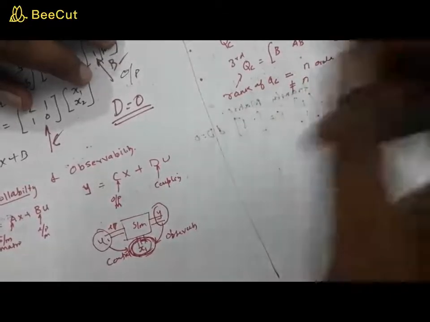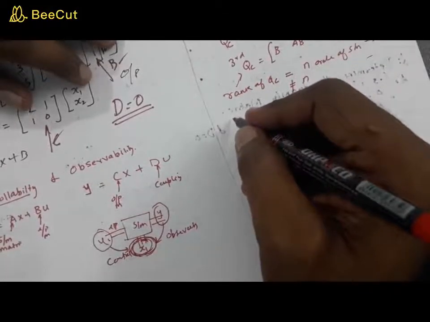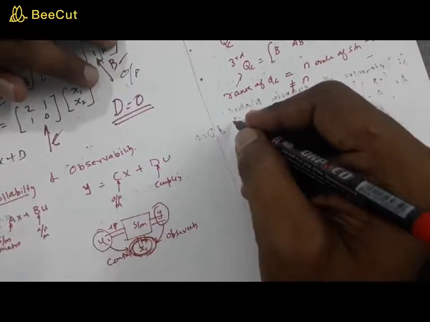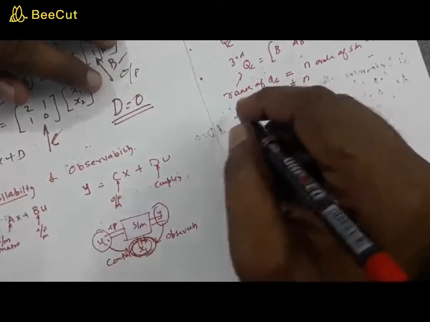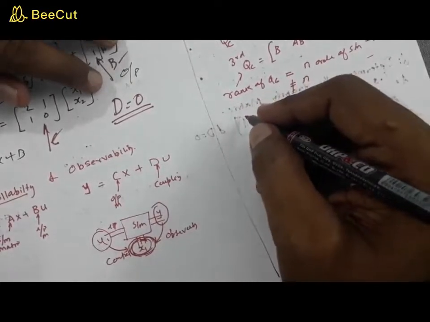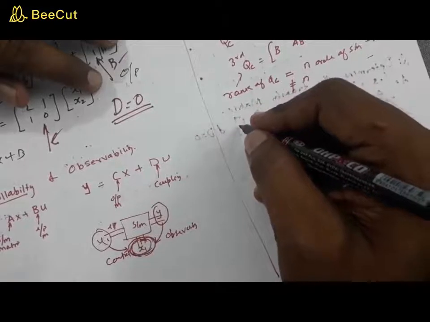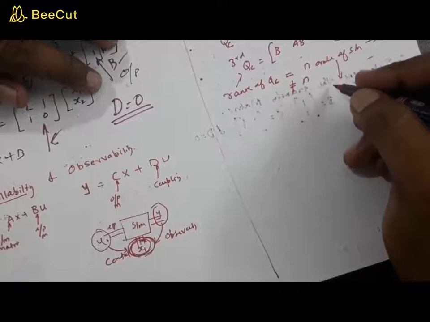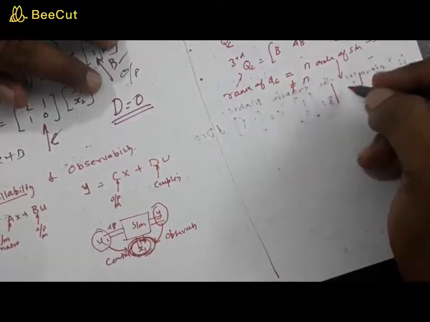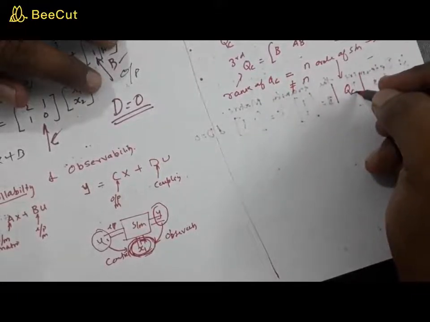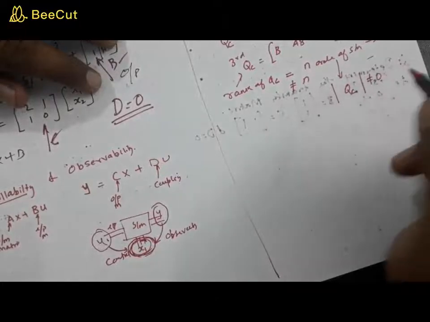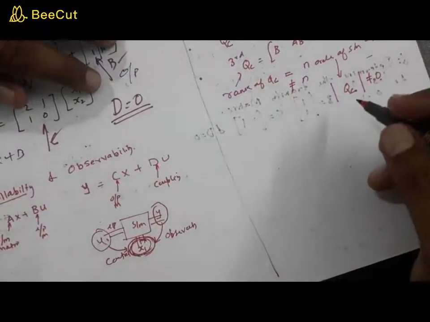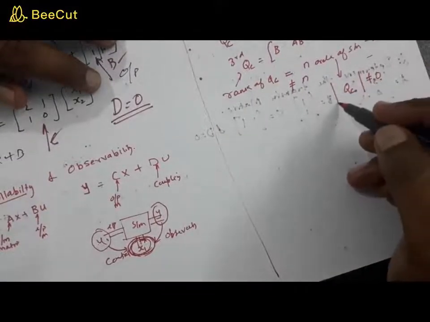Now, how do we see the rank of an n into n composite matrix? The rank of the matrix is n if the determinant of this QC is not equal to 0.